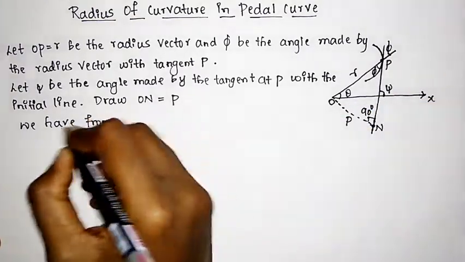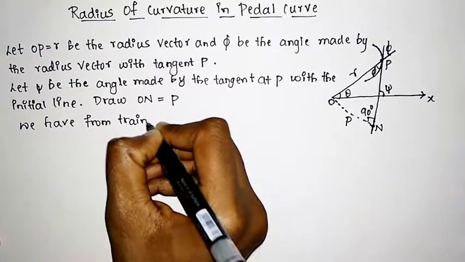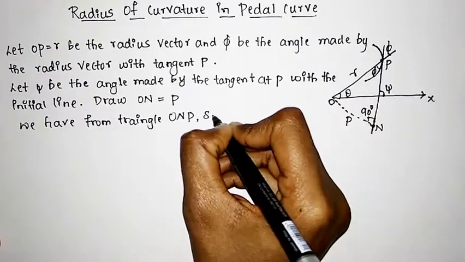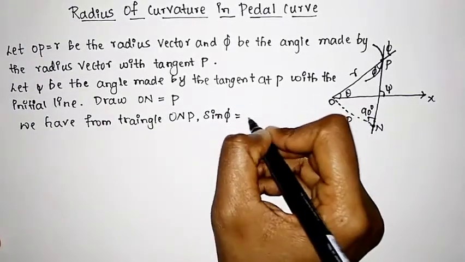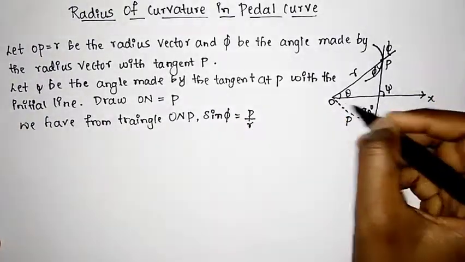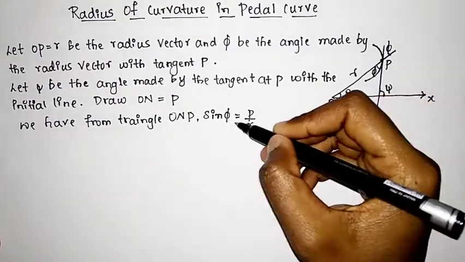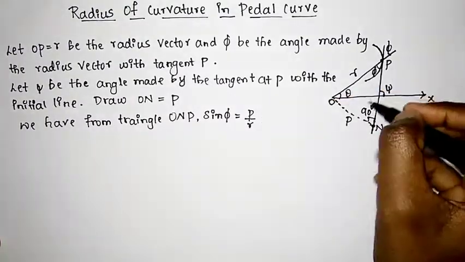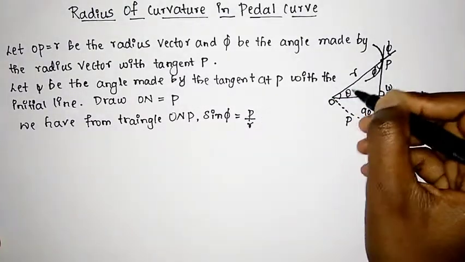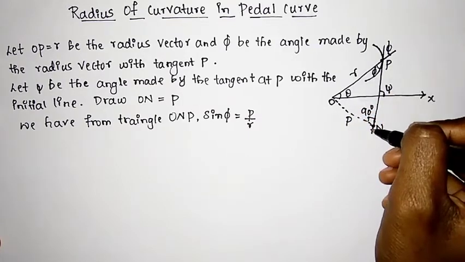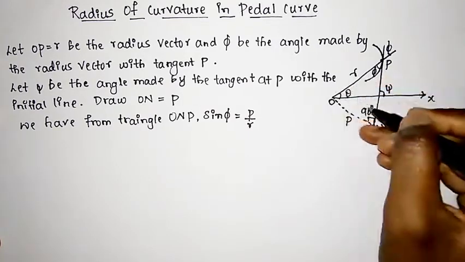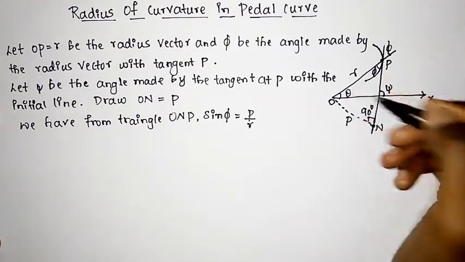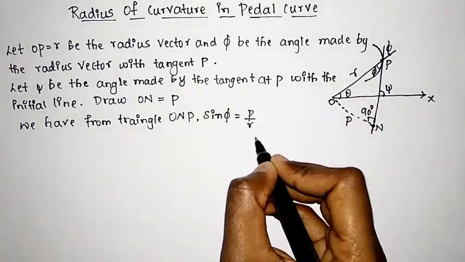From triangle ONP, we can define sine phi as p divided by r, that is, the opposite divided by the hypotenuse.